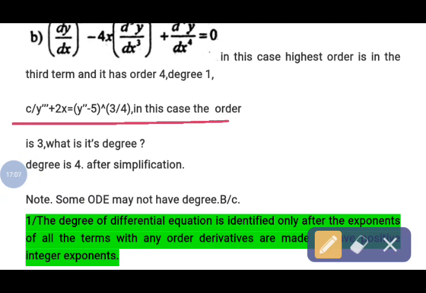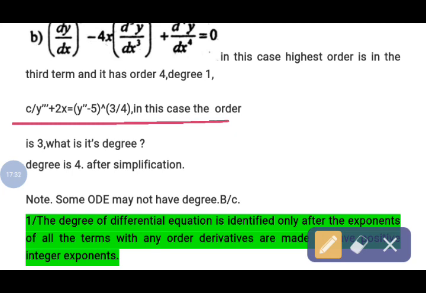Now we have to change this fraction into a positive integer. To change this fraction into a positive integer, we have to multiply the exponent by some factor which changes the fraction into a positive integer. Now let us multiply the whole function by 4.